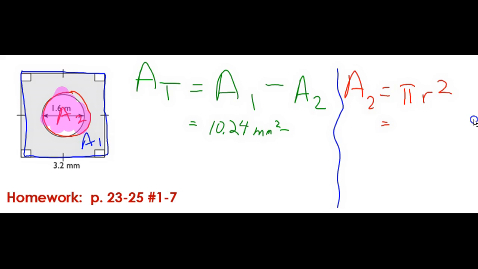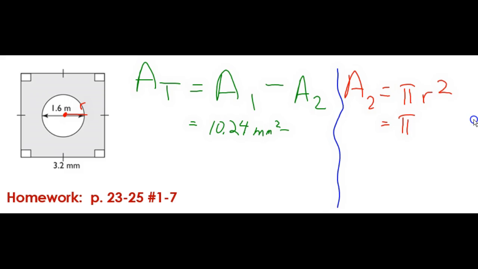So I'm going to go back over here, take away some of this junk, and see that a little bit more clearly. Okay, well, if the entire distance across the circle passing through the center, the diameter, is 1.6, I need to know what half of that is to get my radius. And so half of 1.6 ends up being 0.8.